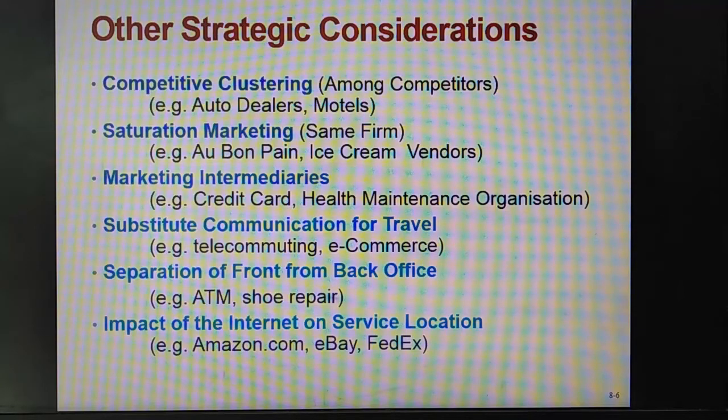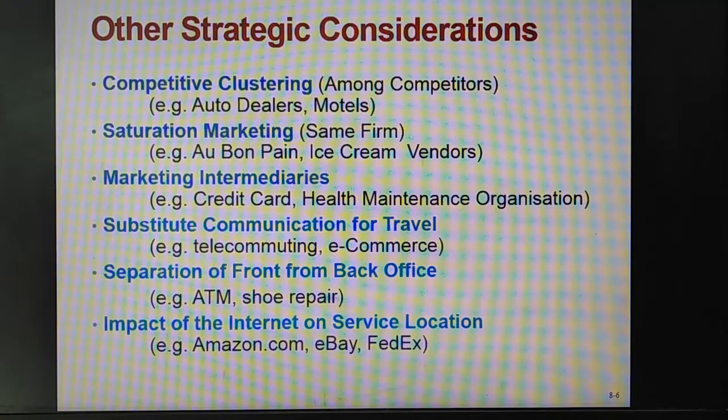Next, the fourth is substitute communication for travel. Other than traveling to that place, what are other supporting facilities that will facilitate giving the service in that area? For example, internet access, telecommunication, e-commerce ability, and so on.